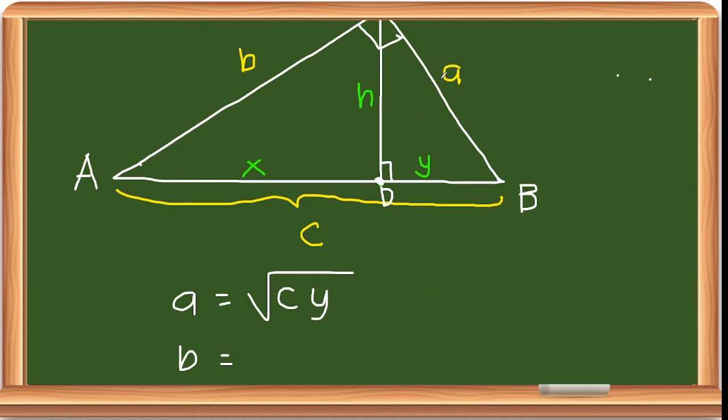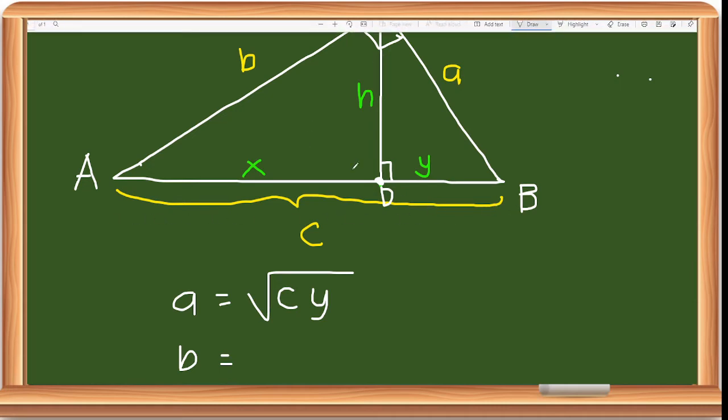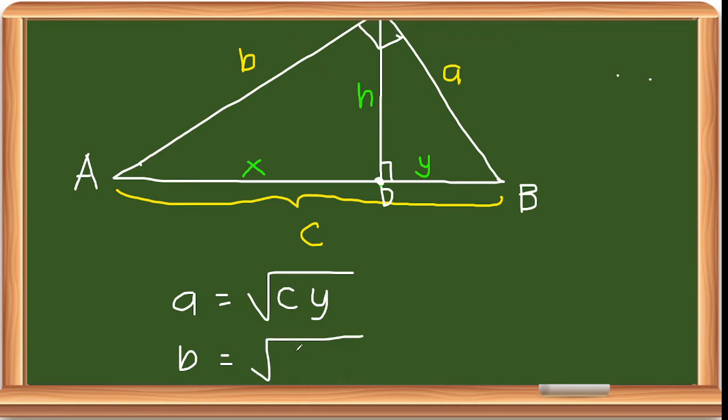Ang involved dito, etong side na to, ang gagawin nyo lang, kunin mo yung square root ng product ng mismong pinakamahabang side ng malaking triangle and yung Y corresponding to this triangle also. So, therefore, kung B naman, it is the square root of C times X. No? Kung ang hinahanap naman natin is yung B.